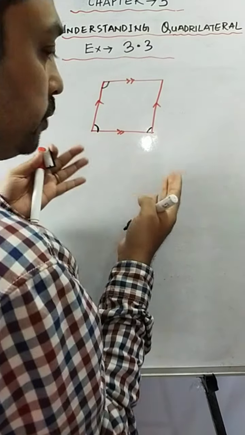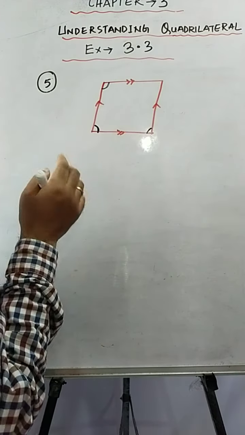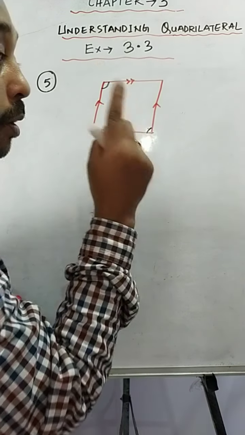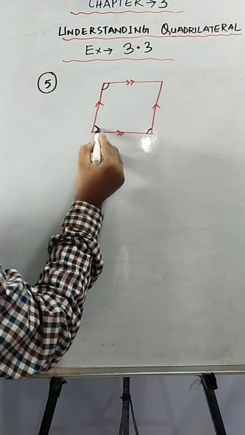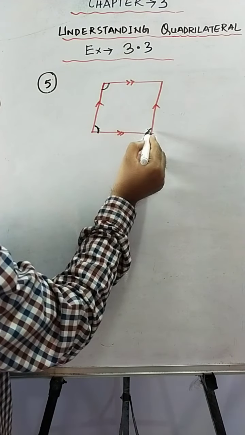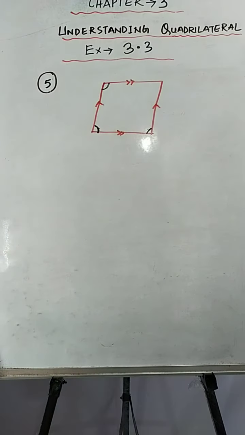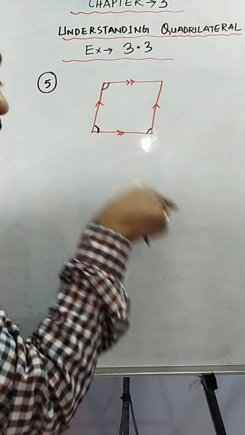So what was the property of adjacent angles for a parallelogram? In a parallelogram, the sum of the two adjacent angles will always be equal to 180 degrees. I repeat, the sum of the two adjacent angles will always be equal to 180 degrees. Now in this case, they have given the measure of the two adjacent angles in the ratio form.